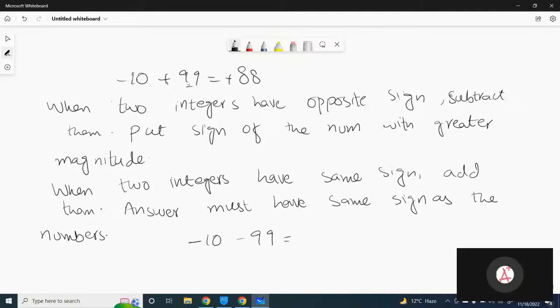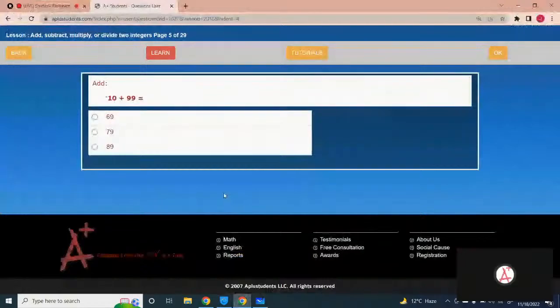Both the numbers are negative. The answer must have a negative sign, and you have to add them. It would be then 109. Got it? If both of them have a positive sign, you have to add them. The answer must be positive. Got it? These are the very important rules you have to follow when working with integers. Okay, so it would be 89.